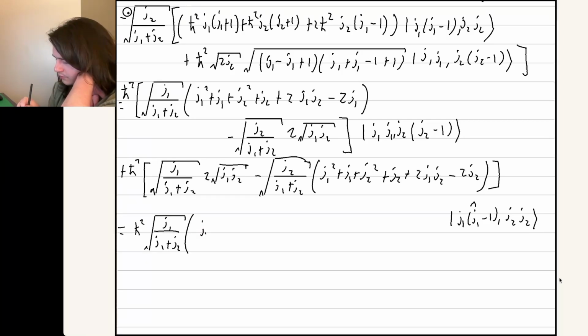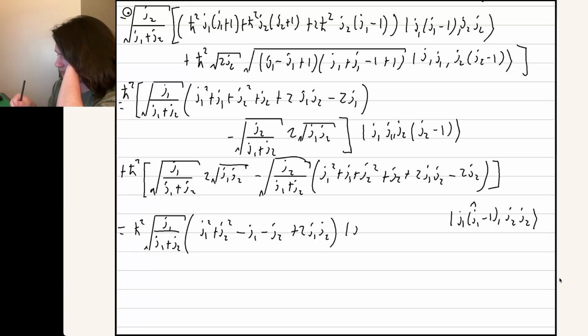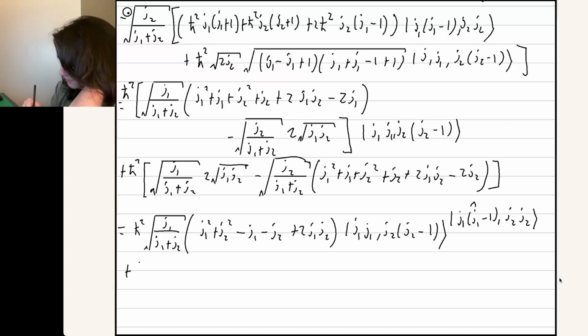And then we still have J1 squared plus J2 squared. But now we're subtracting two of the J2s, and we're also subtracting two of the J1s. So this is just going to be minus J1 minus J2 plus 2 J1 J2, acting on the vector |J1, J1, J2, J2 minus 1⟩.